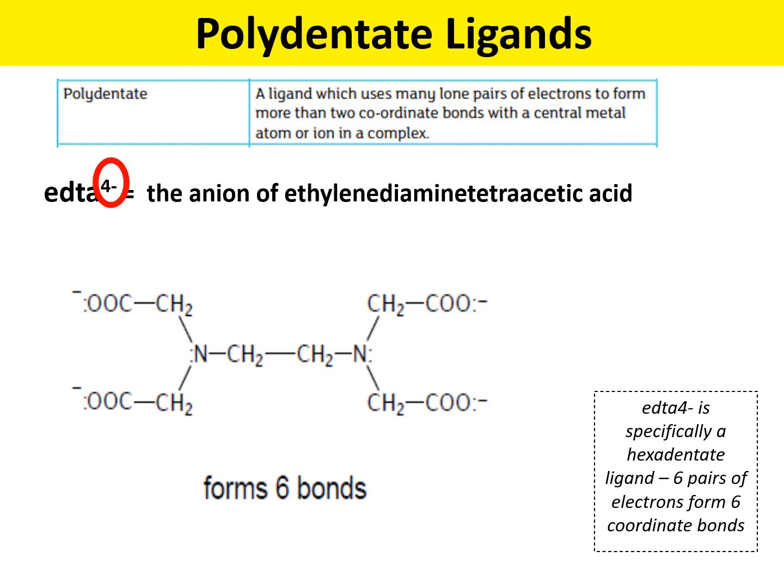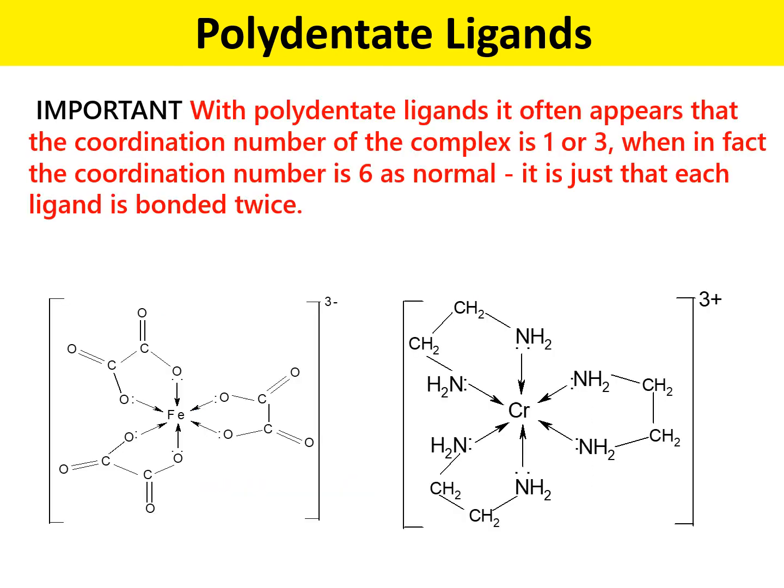The 4- is the charge on the EDTA. It's important to remember that with polydentate ligands, it often appears that the coordination number of the complex is 1 or 3 because that is the number of ligands you use, when in fact the coordination number is 6 as normal. It is just that each ligand is bonded twice.